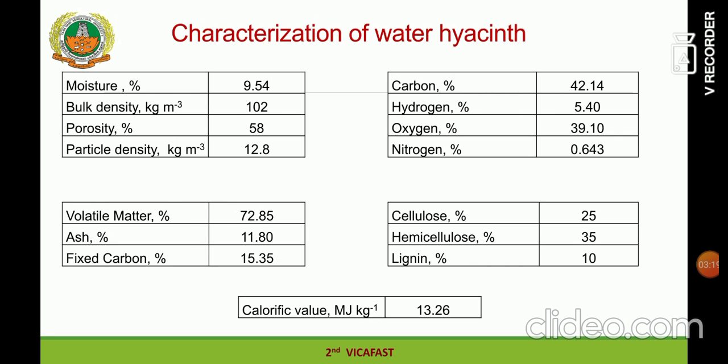Even at the range of 90 percentage, water hyacinth can also be used in this hydrothermal process. Bulk density, porosity, particle density have been found out, and volatile matter, ash, fixed carbon content, carbon, hydrogen, oxygen, and nitrogen content, cellulose, hemicellulose, lignin, and calorific value. So these show that it is a good raw material for converting into biofuels.